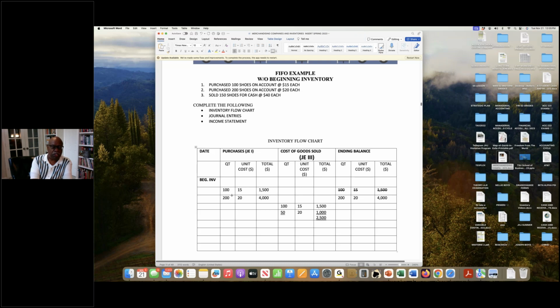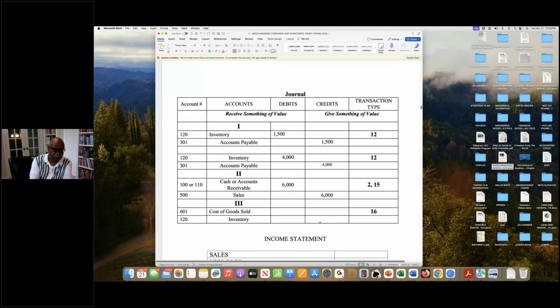But when we sold the shoes, we pulled them out to put them in the cost of goods sold journal entry. We add them up, 1,500 and 1,000, we get 2,500, and so the 2,500 is what comes here.